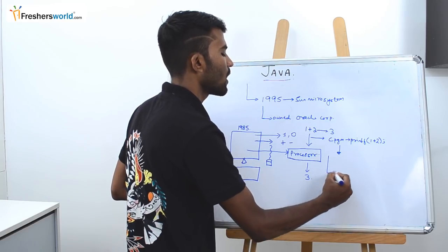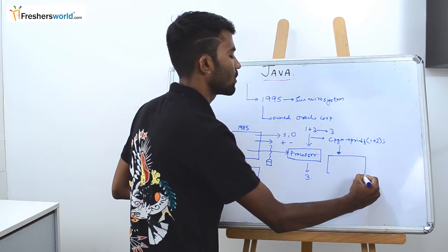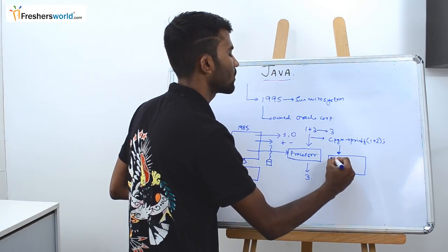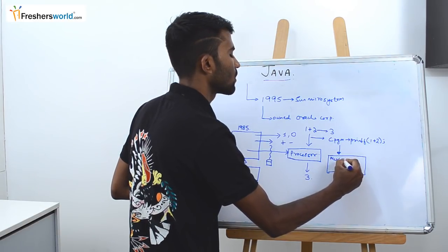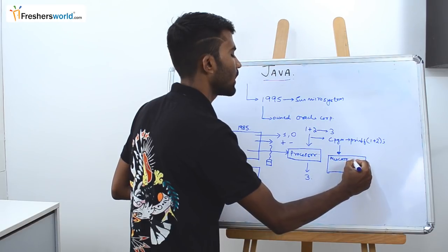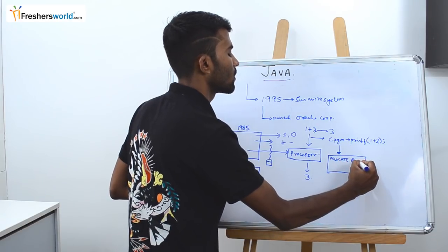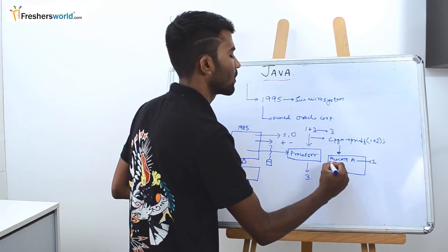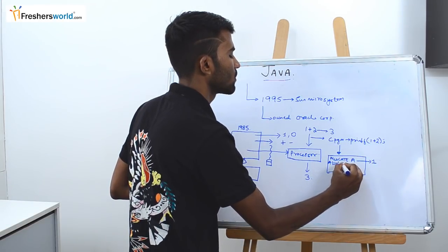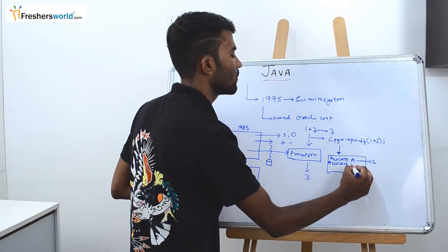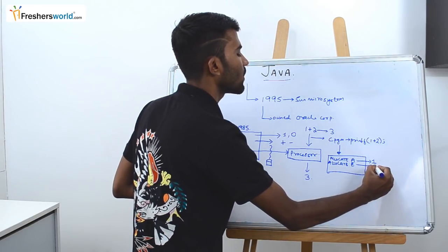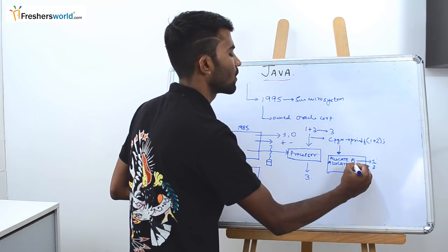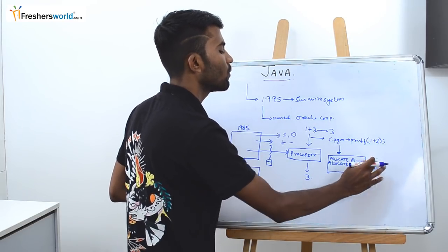I'll get assembly level language code, something like allocate A, like 1, allocate B. Now we are assigning memory.